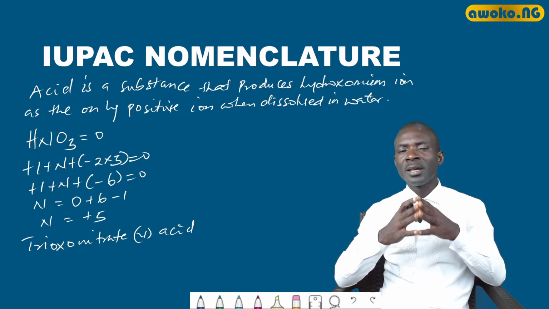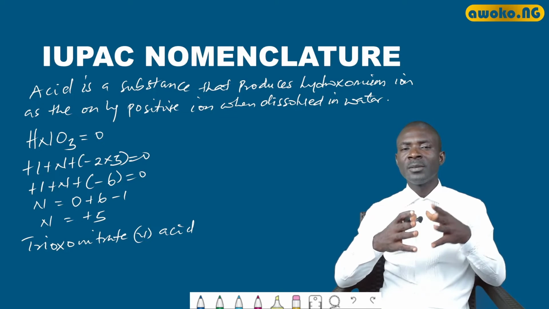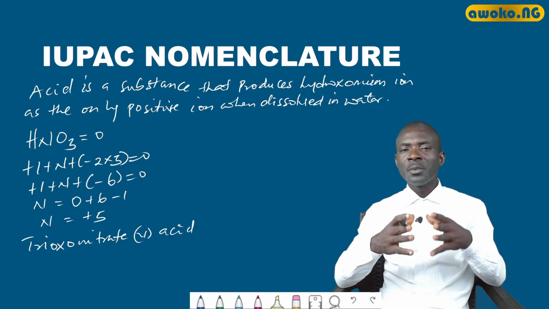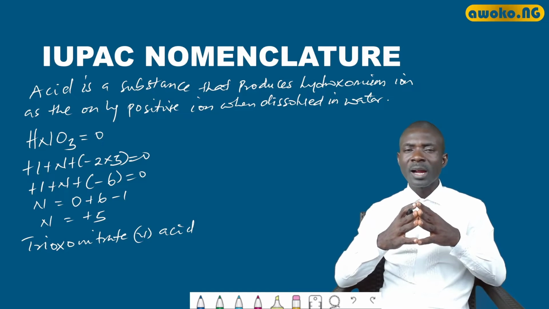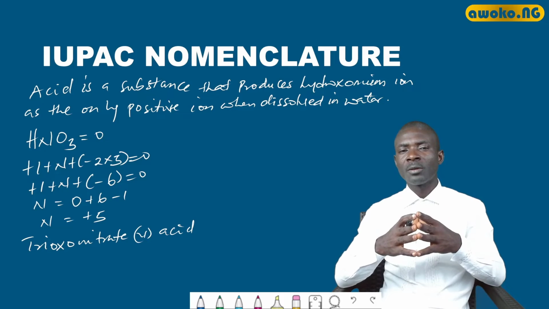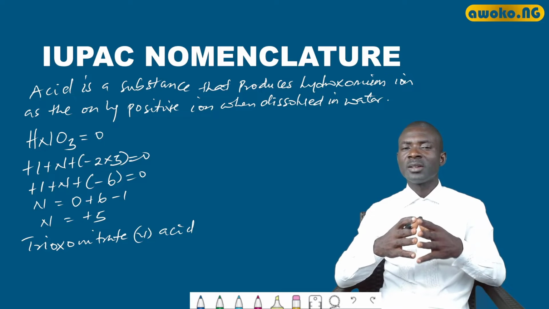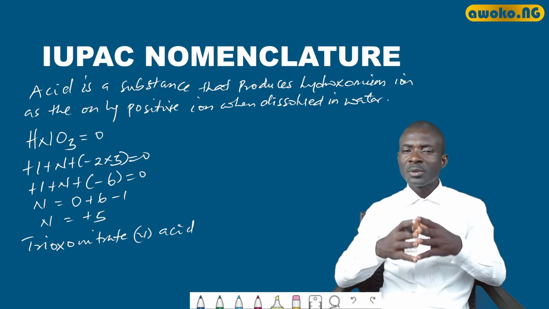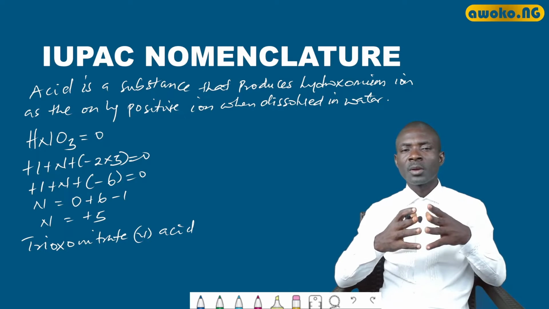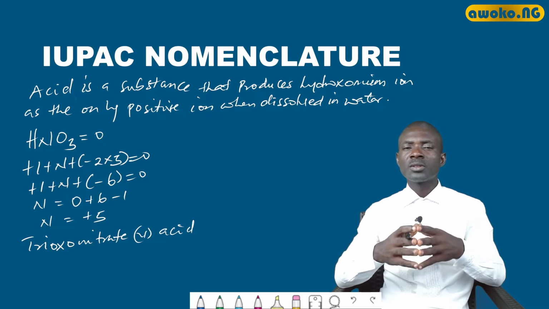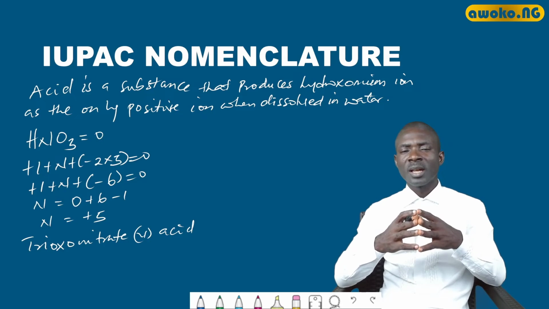So it will not be necessary for us to name the hydrogen at the beginning of the name. So we end the name with acid, showing the presence of hydrogen. Anytime you have the presence of hydrogen in a compound, the compound has some characteristics of an acid, or simply possesses acidic properties. So we have HNO3 pronounced as trioxonitrate(V), with the tri indicating 3 oxygen atoms.